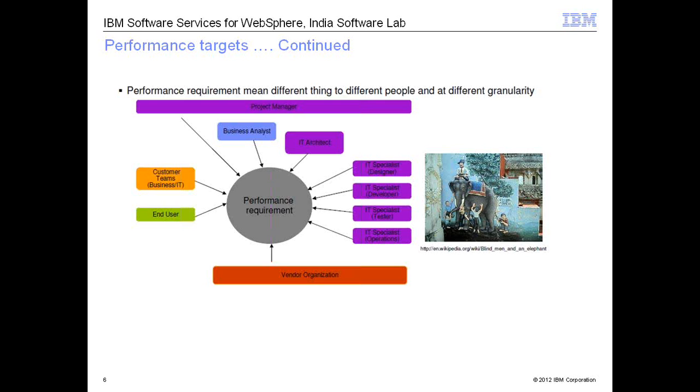For example, if an end user is looking at the response time, as I was mentioning, what it means is I click on a button and how long it takes to get the response. But what does the same response time mean to a person who is developing a piece of code? For them, the response time is how much this particular method takes, or how much this particular module takes. Now, how do we create a bridge between the end user response time and the time that the developer should care for?